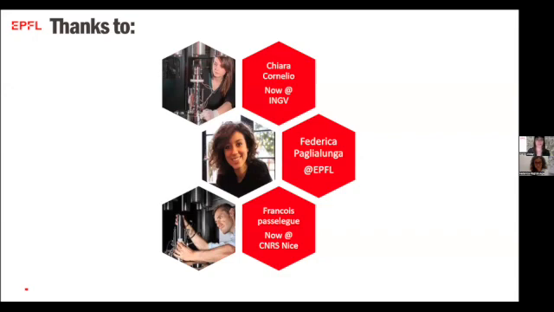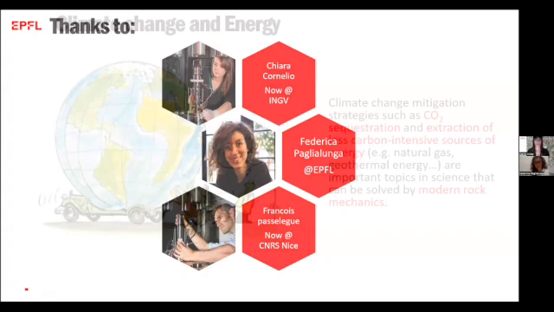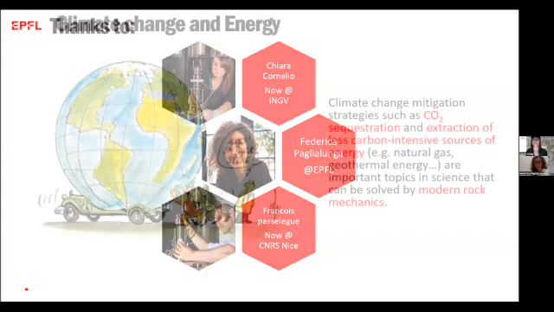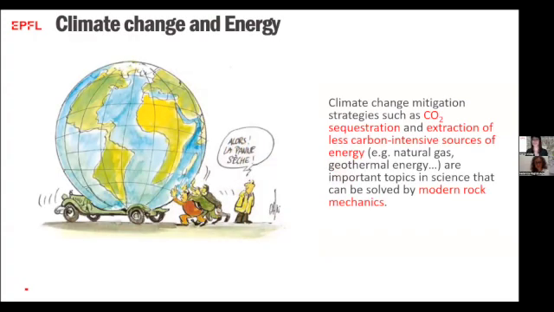of Paglialunga, who is currently a postdoc at ING Europe, and the contribution of François Pascal, who is now CNRS in Nice. So as you know, climate change mitigation strategies such as CO2 sequestration, extraction of less carbon intensive sources of energy, such as natural gas and geothermal energy, are important topics in science that can be partially solved by modern rock mechanics.